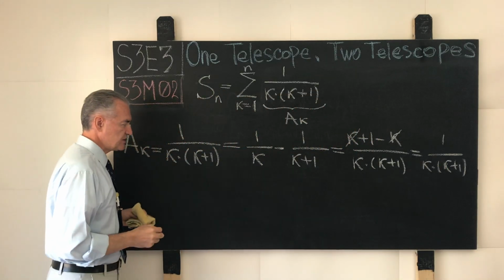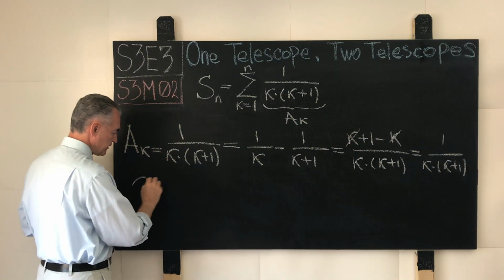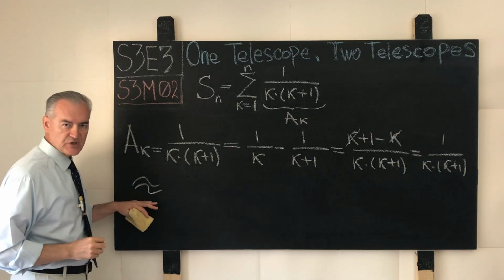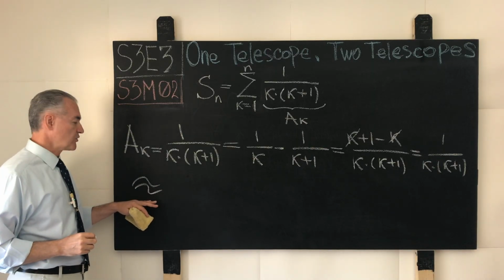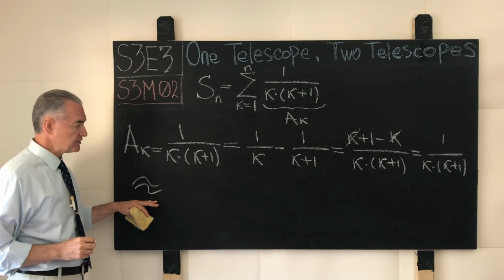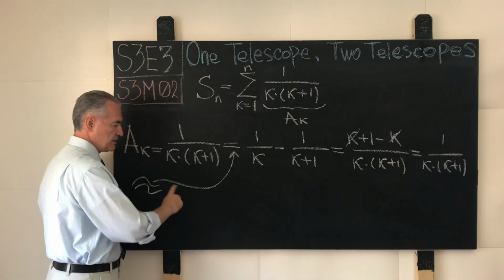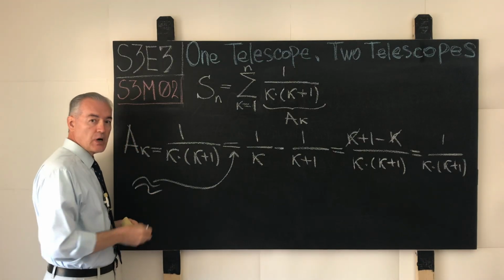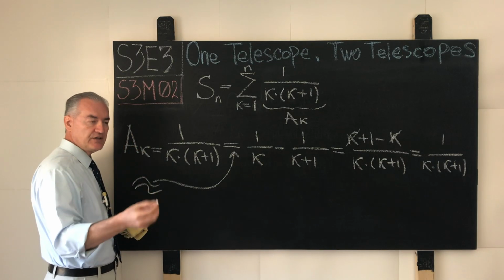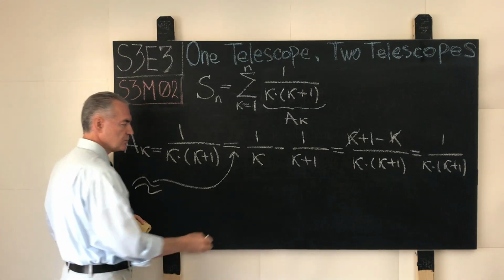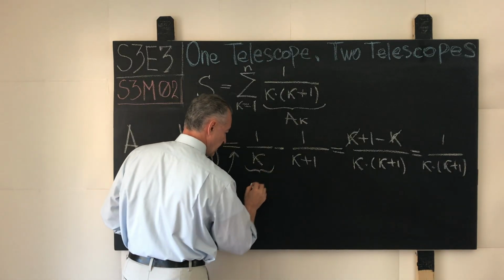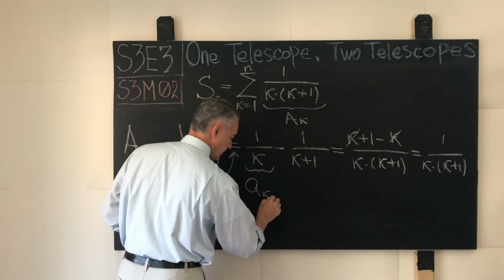So in this case, the miraculous or mysterious transformation that I designated with squigglies in the previous segment looks like what? This is exactly what it is. In this case, the squiggly stands for partial fractions decomposition. And what is this guy? Well, this is our a k in this case.